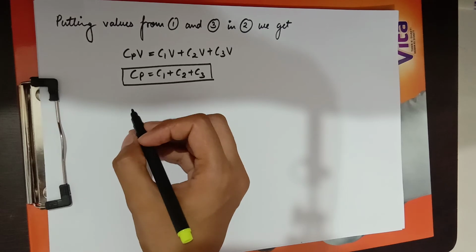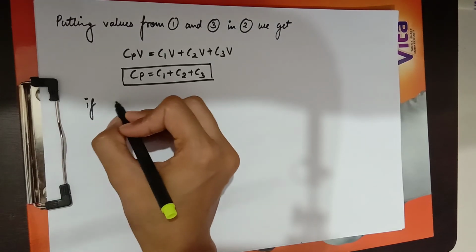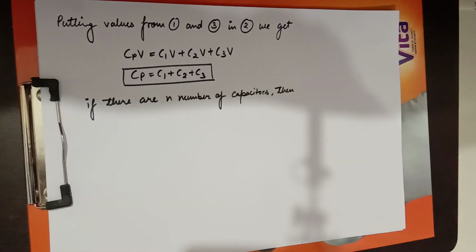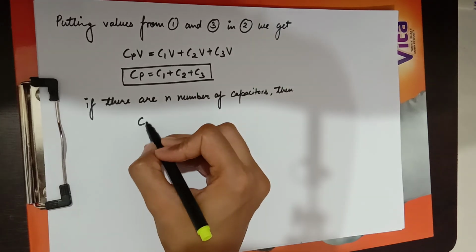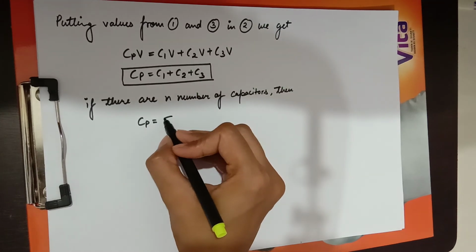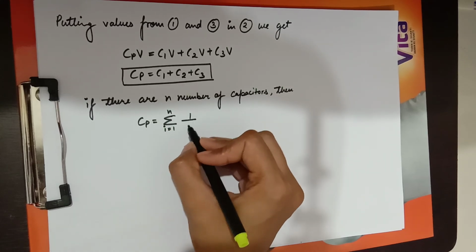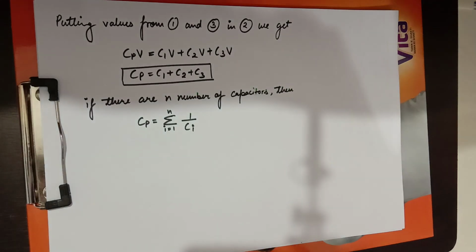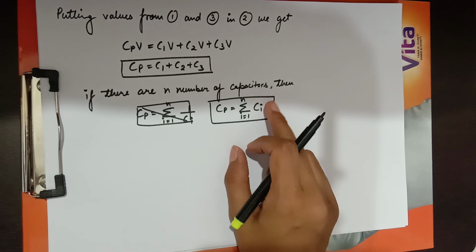If there are n number of capacitors, then Cp will take the form Cp is equal to sigma i equals 1 to n, Ci.